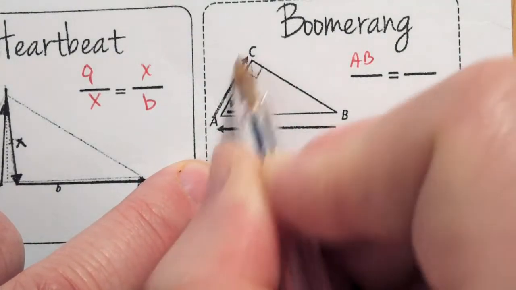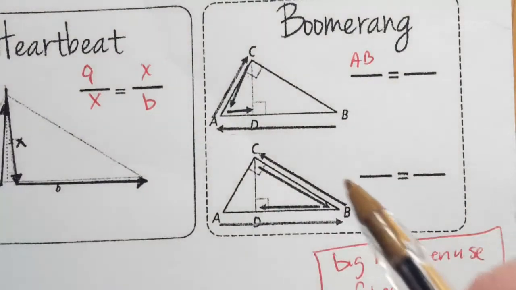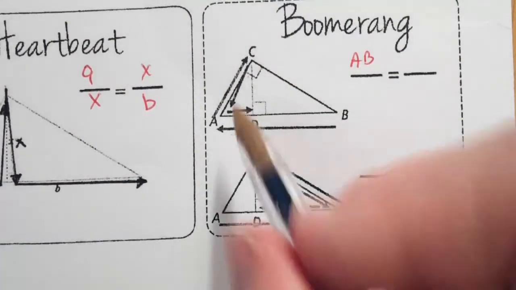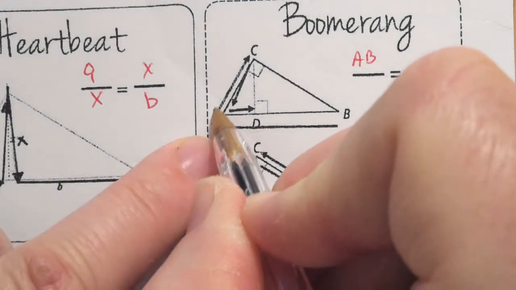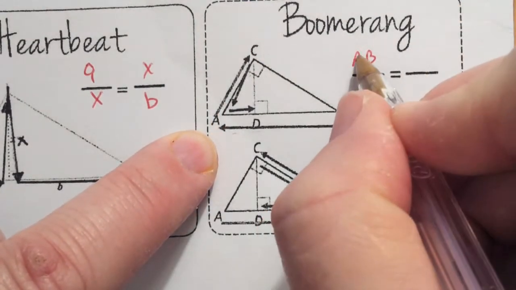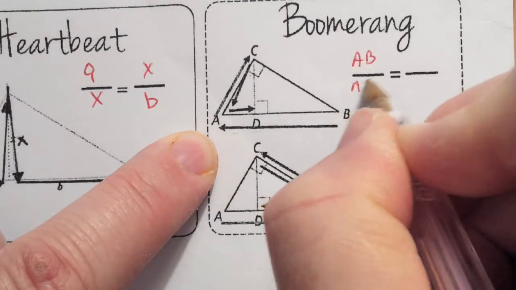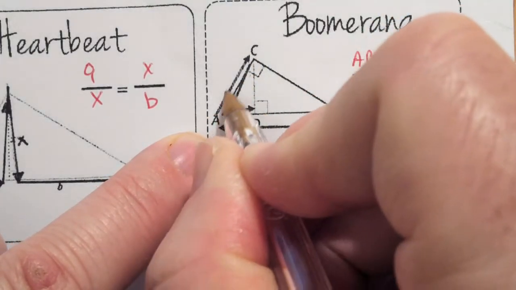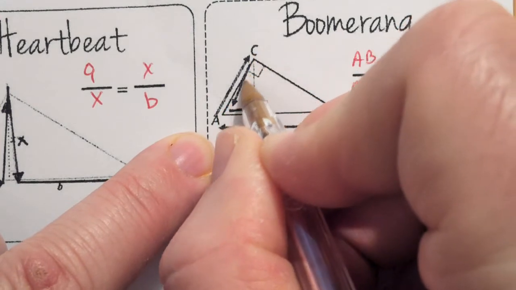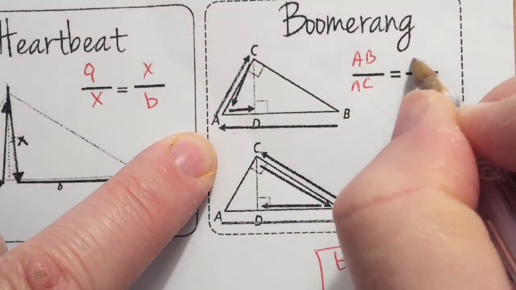We're going to go to the left because it just depends on what's labeled. So if all of this and then this side, so AB over AC, and then you backtrack, but you don't make it all the way home. So all of this over all of this equals backtrack AC over AD.